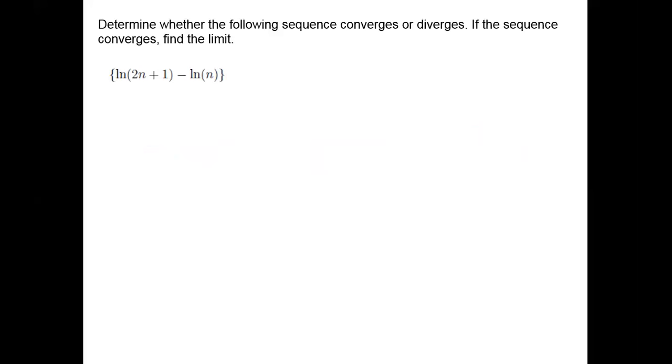Another one, ln of the quantity 2n plus 1, and ln at infinity behaves like infinity, but let me write everything. Limit as n goes to infinity, ln of 2n plus 1 minus ln of n. As we can see, we have infinity minus infinity.